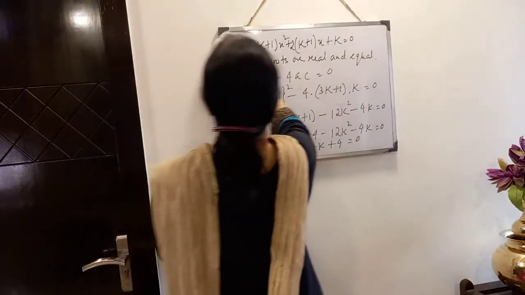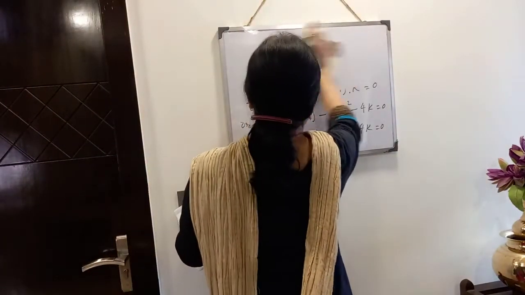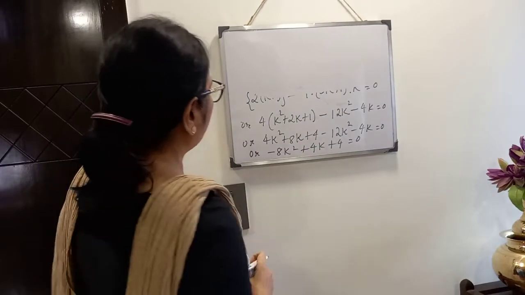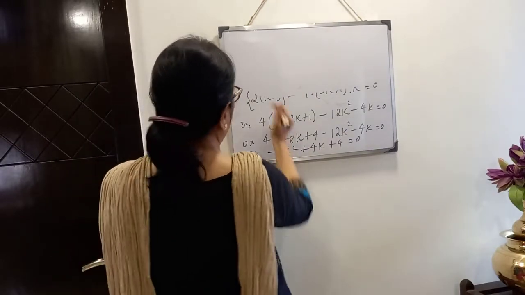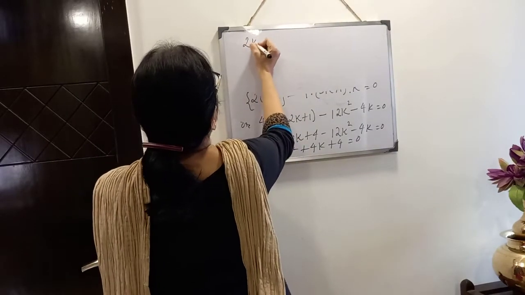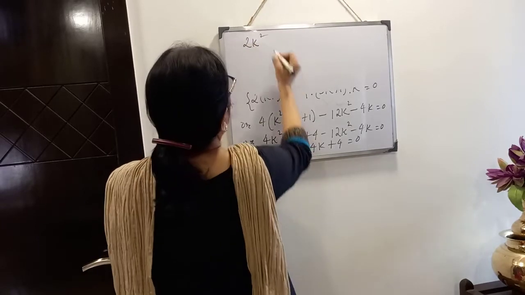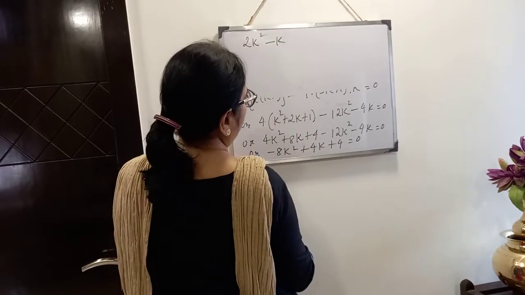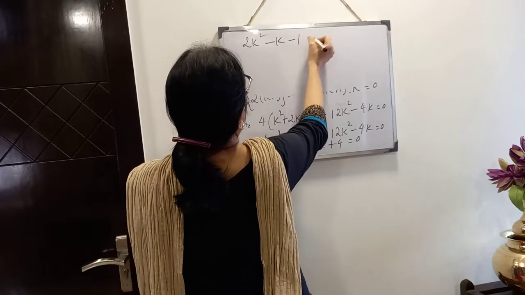Then I am taking 4 common and negative sign common. So it is becoming 2k square minus k minus 1 equal to 0.